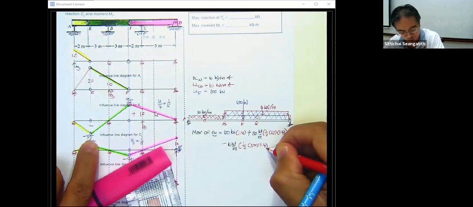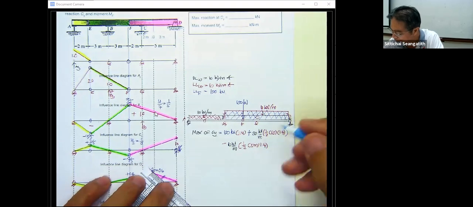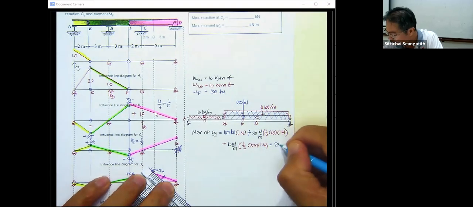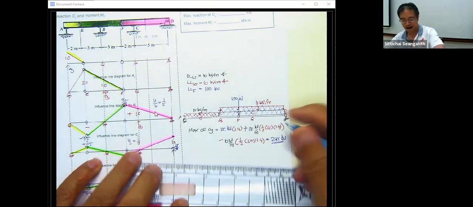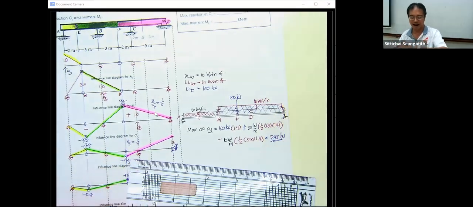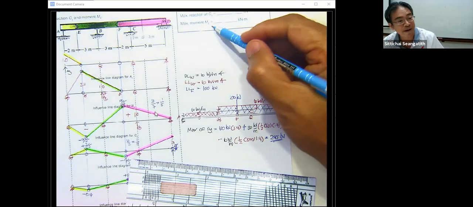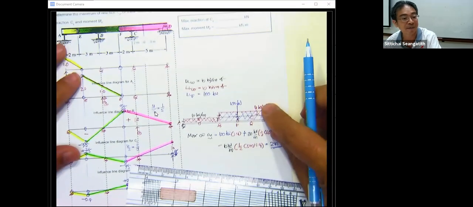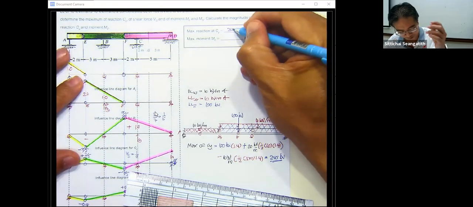Okay, if you push them together, you are supposed to get 245 kilonewton. Okay, you guys can compute it. I know that. And then if you go a little bit further, they ask us to find the maximum C sub y and maximum M sub e. Okay, maximum C sub y is 245 kilonewton.